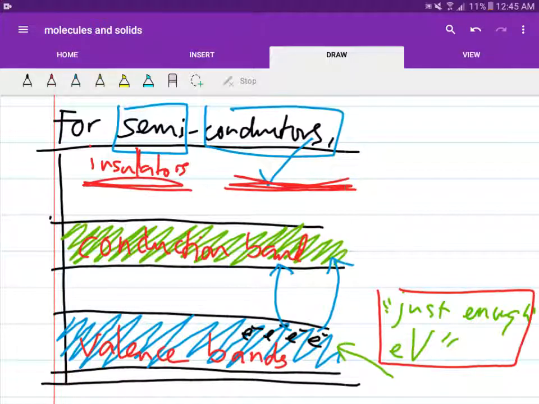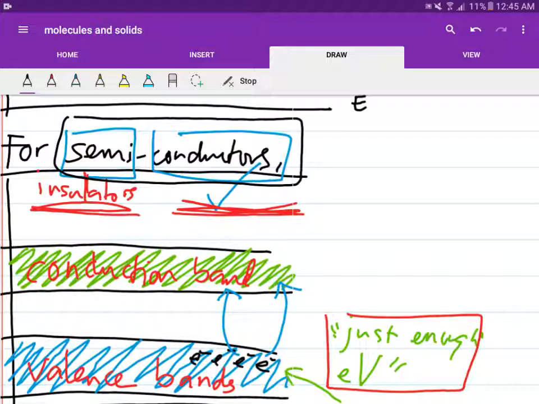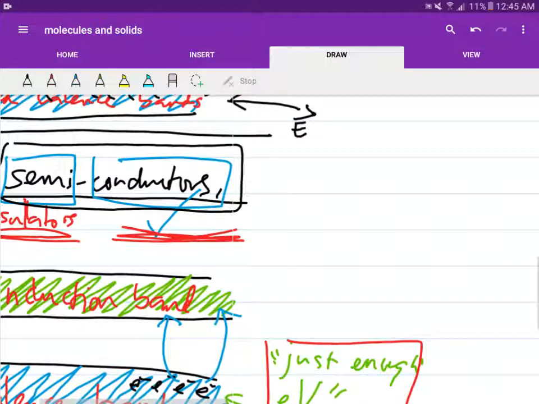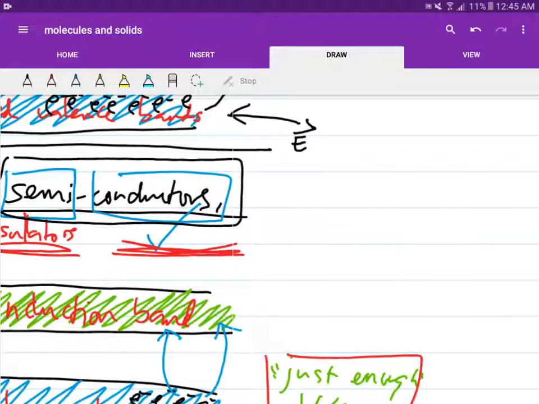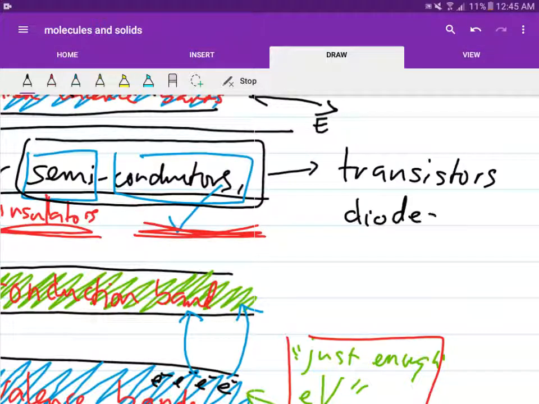Now, semiconductors actually revolutionized all of our current technologies that deal with circuits. So these semiconductors are the basis of transistors, diodes, and so much more.